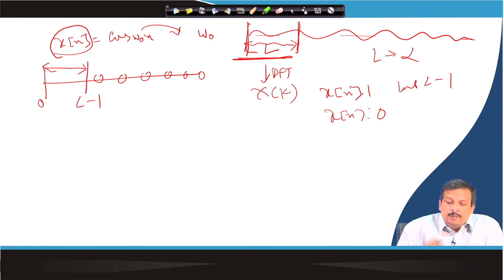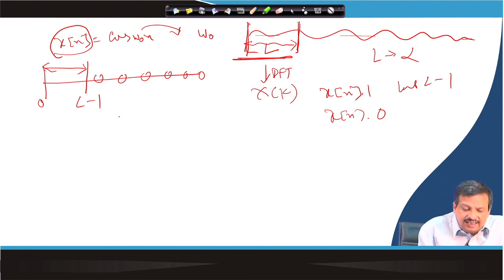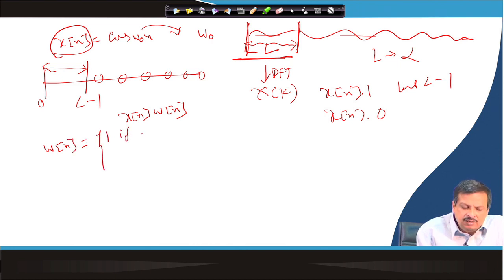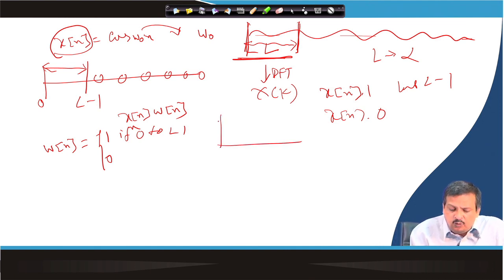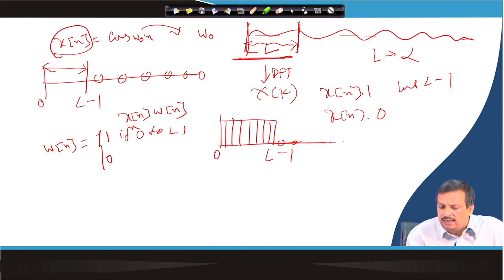So, what are we doing? Basically, we are multiplying the signal by a window function w of n. So, w of n is basically 1 if n varies from 0 to L minus 1, else it is 0. So, I have an x of n and I have a w of n which is 1 from 0 to L minus 1, and outside it is 0.